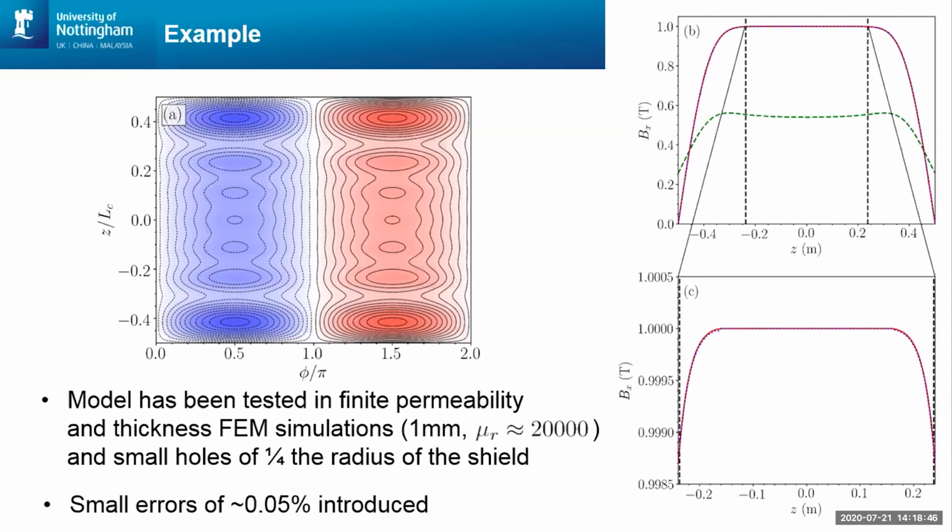And we only see very small errors introduced, of the order of 0.05%. These errors are about on par with the errors in manufacturing. So in terms of designing real-world experiments, we were fairly confident that this design methodology would work in a real-life situation, even with non-perfect systems.